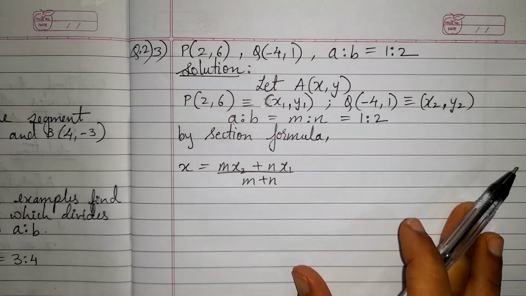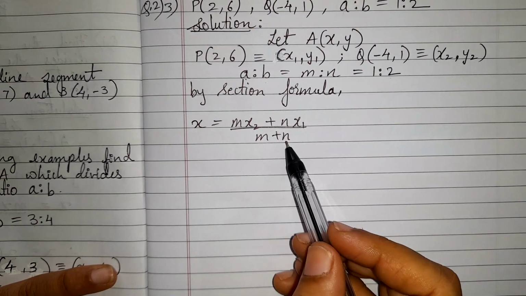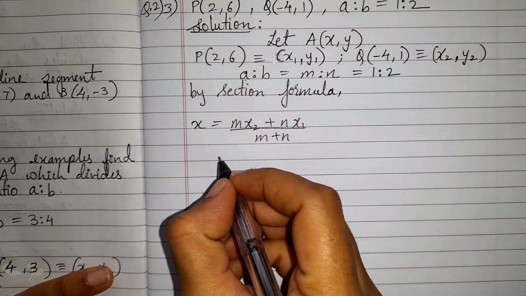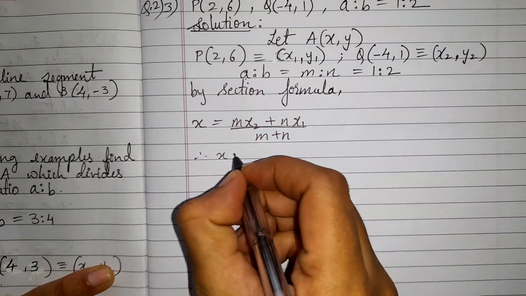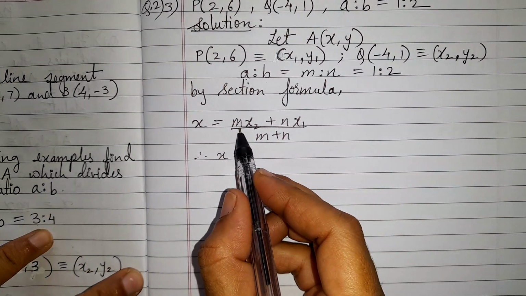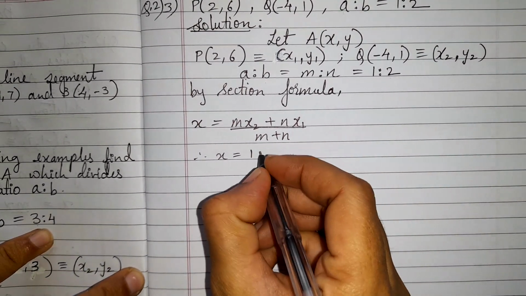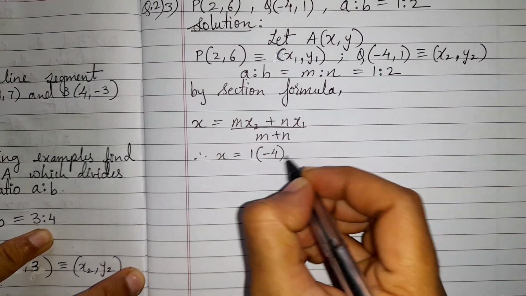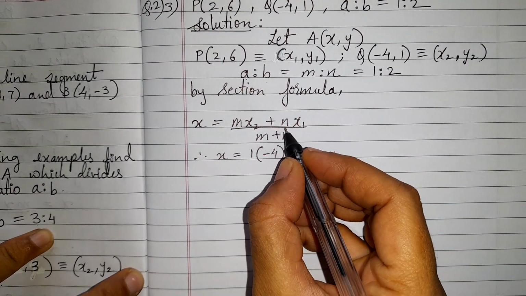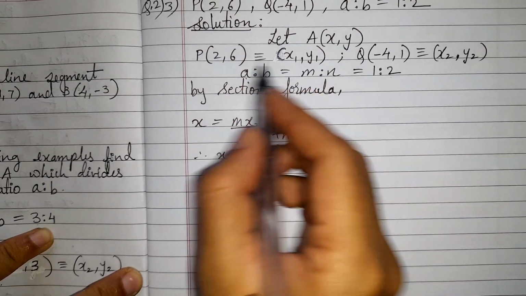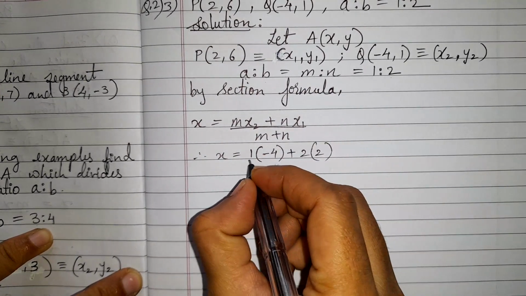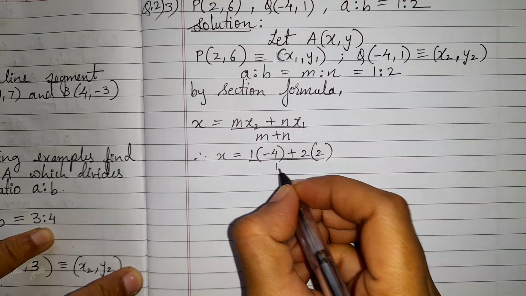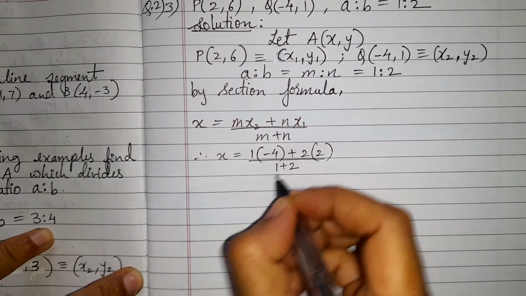By section formula, I have written the formula to find the x coordinate. We substitute the values. Therefore, x is equal to m is 1, x2 -4 plus n value is 2 and x1 is 2 by m plus n, that is 1 plus 2.